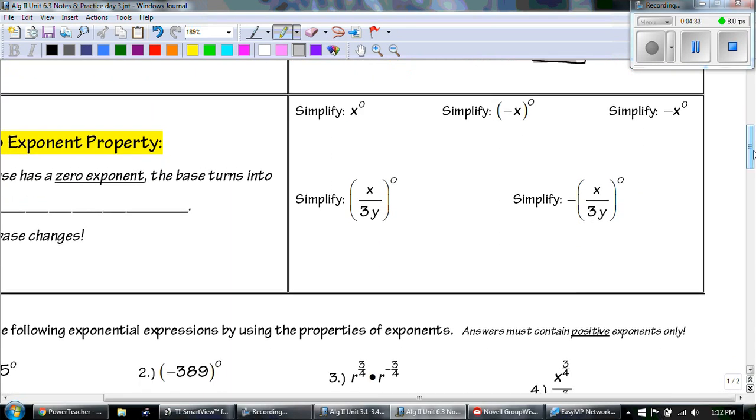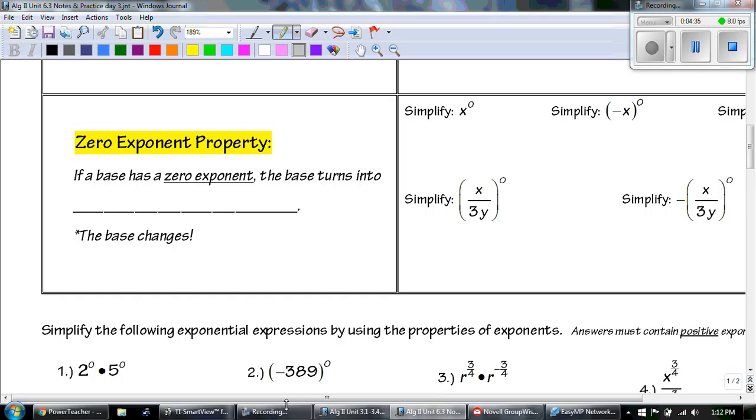All right. Now, for the zero exponent property, if a base has a zero exponent, the base turns into, not 0, Mr. Grice, the base turns into 1. Okay? If your exponent's 0, the base turns into 1. Base turns into 1. Okay?